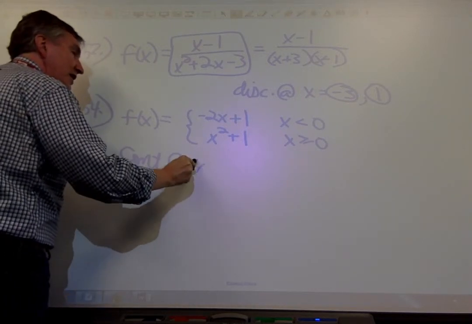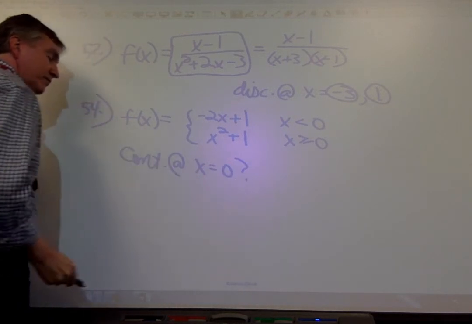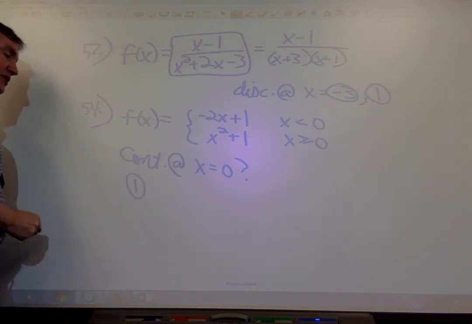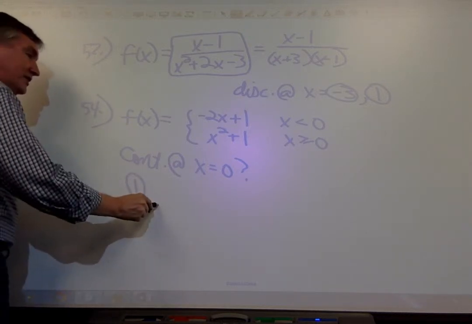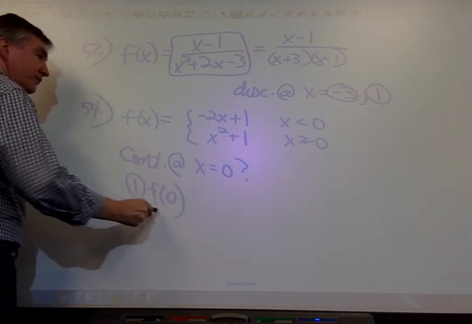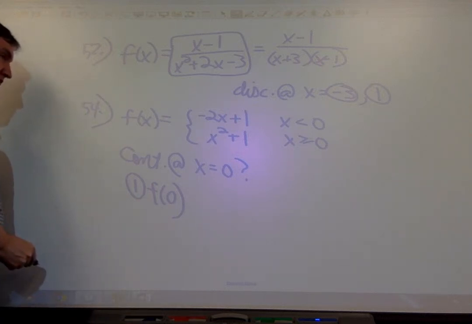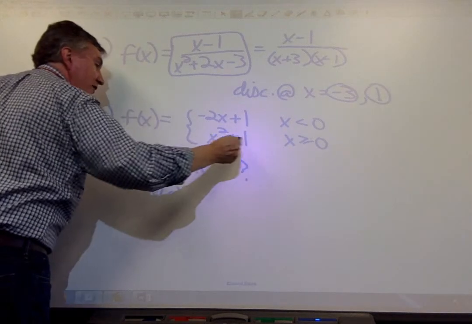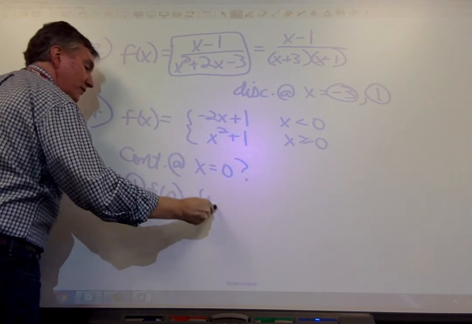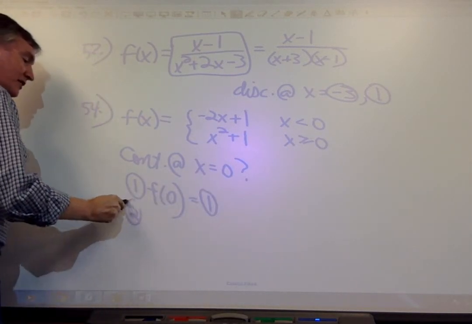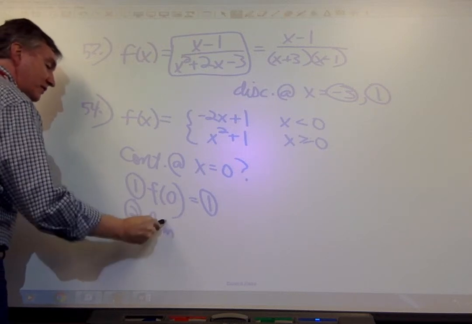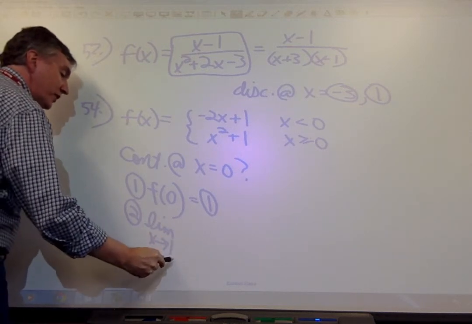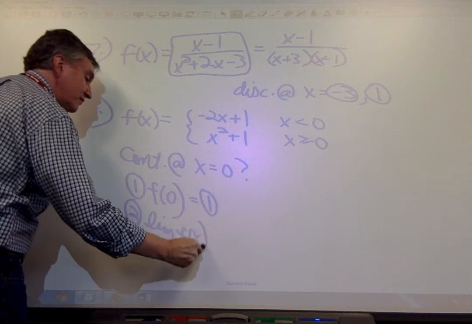Well, let's test it. If I said continuous at x equals 0, well, let's do the 3 conditions. What is f of 0? Which piece do I plug it in? Yes. If I plug that in here, I get 1. Second question, what's the limit as x approaches 0 of that function?